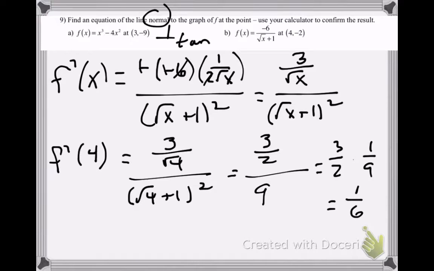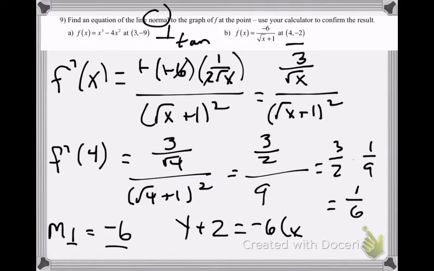So that's the slope of the tangent at 4. The slope of the normal is going to be the opposite reciprocal, which is negative 6. So I'm going to plug negative 6 and the point (4, -2) into my line equation. I get y plus 2 equals negative 6 times (x minus 4). So y is going to equal negative 6x plus 22. That's going to be the normal line.